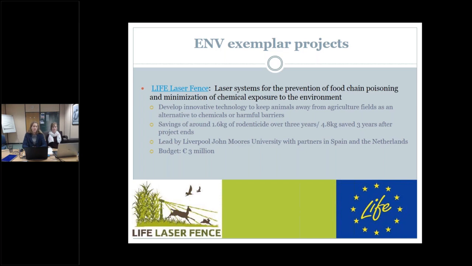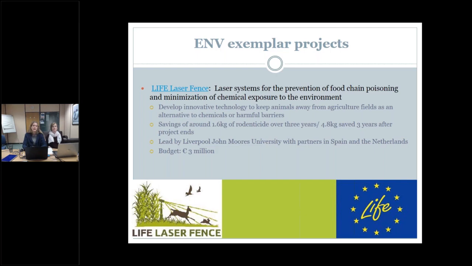First of all, the rodents die, and then they might get eaten by bigger predators up the food chain. So it has a big impact on biodiversity, the use of pesticides. So the Laser Fence project has developed a technology to replace the use of chemicals and harmful barriers in the agriculture field. And they have created this laser fence or agri-fence, which will keep animals away.